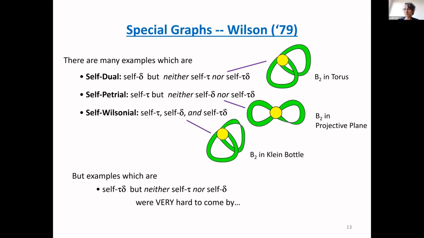They're lovely. But examples which are self-trial, this operation of order 3, without being self-dual or self-petrial, are very hard to come by. In fact, Wilson originally conjectured that they didn't exist.